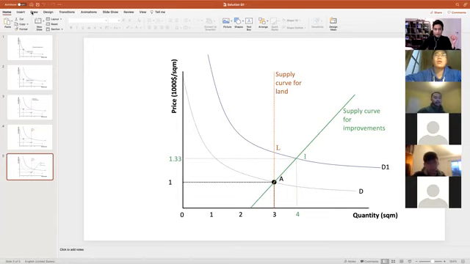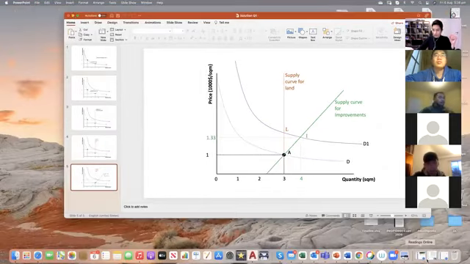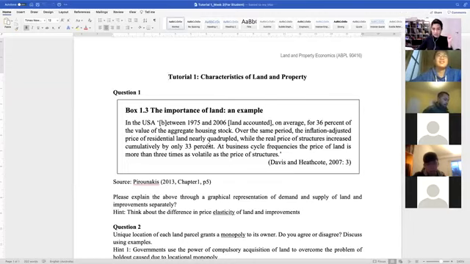So what the question was asking is to represent this fact, which is expressed in this box, that in the US, over a time period of, say, 30 years, the price of land quadrupled, while the price of structures increased to, say, 1.3 times only.